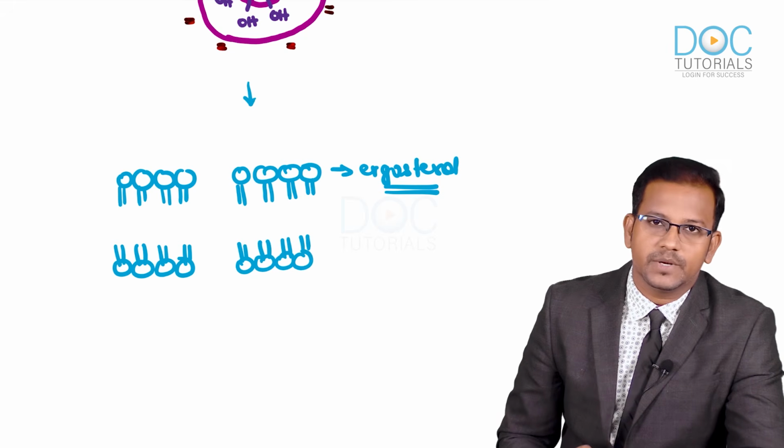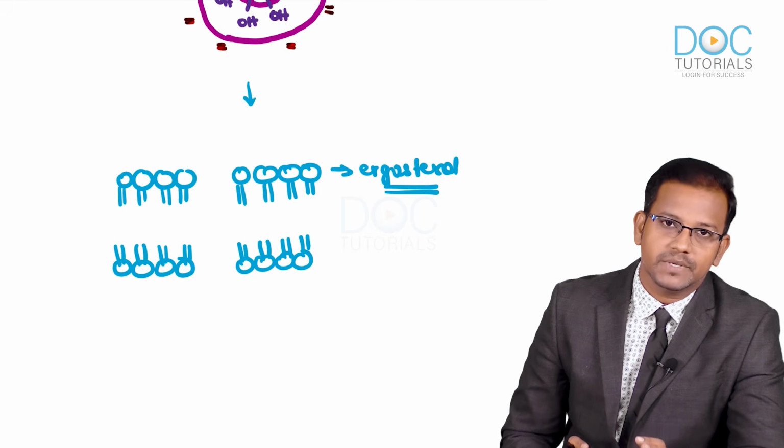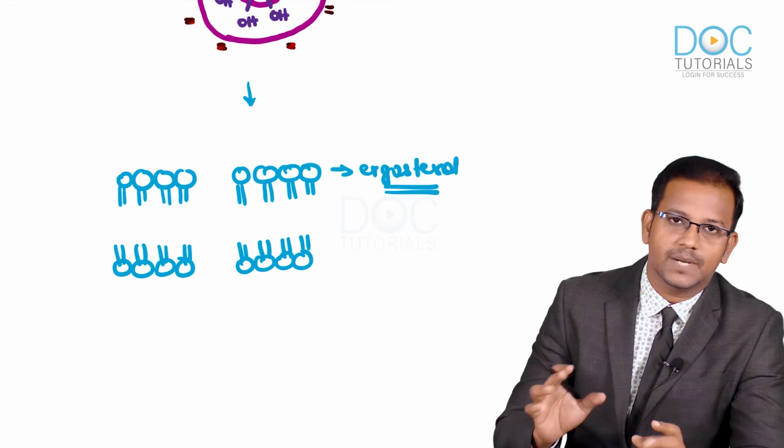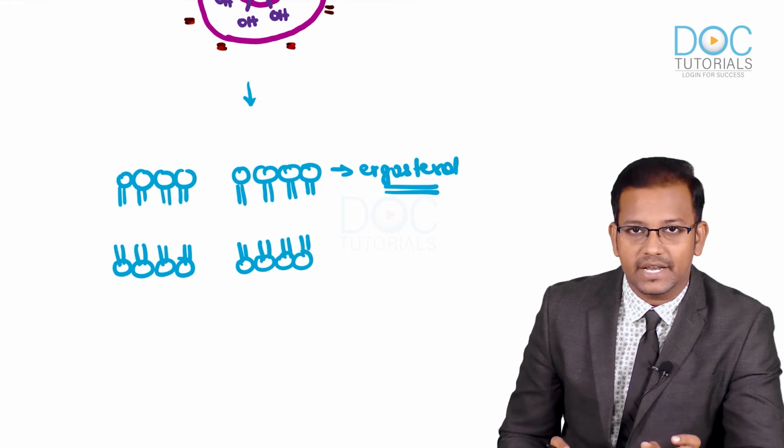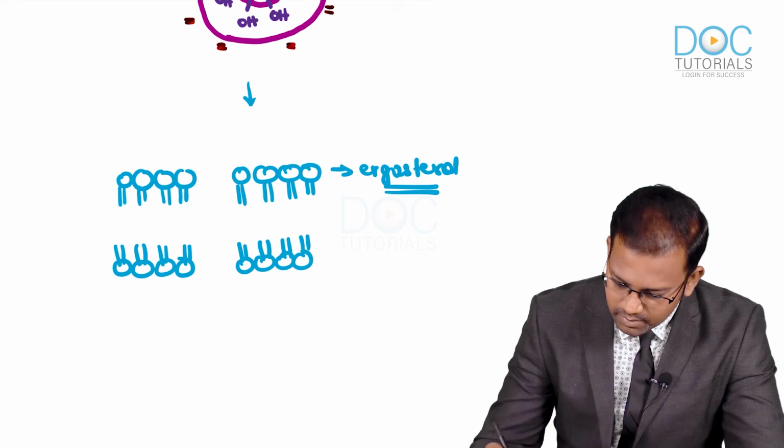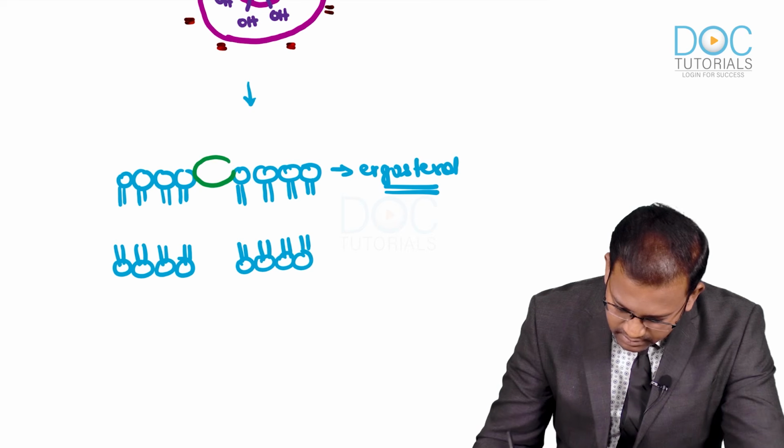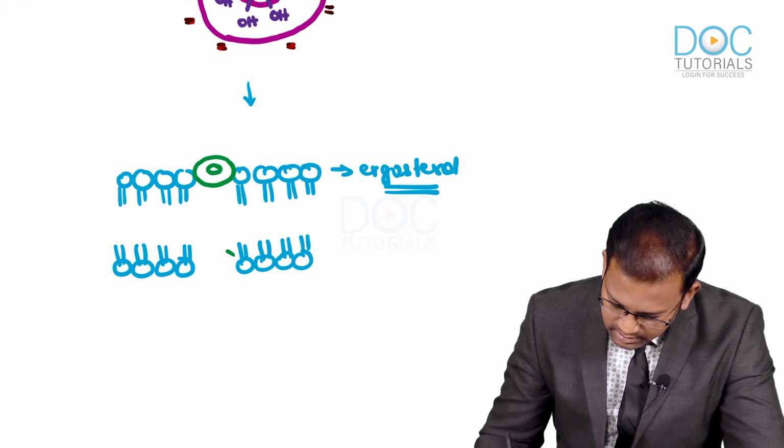This ergosterol binds strongly with those double bond areas, the polyene areas. So this donut molecule binds in this manner.